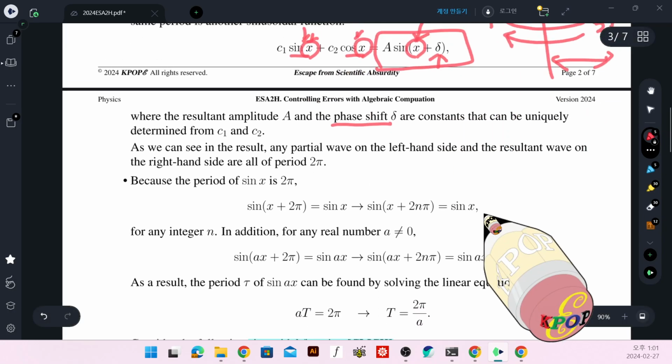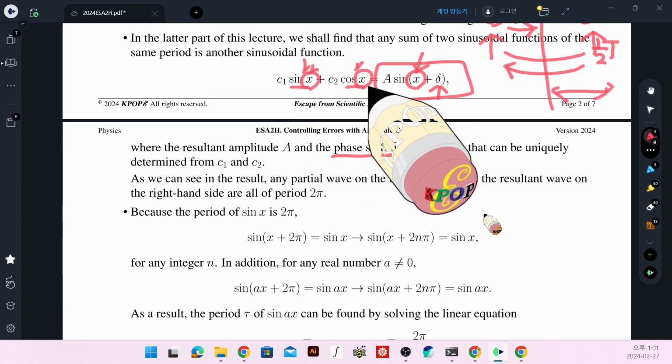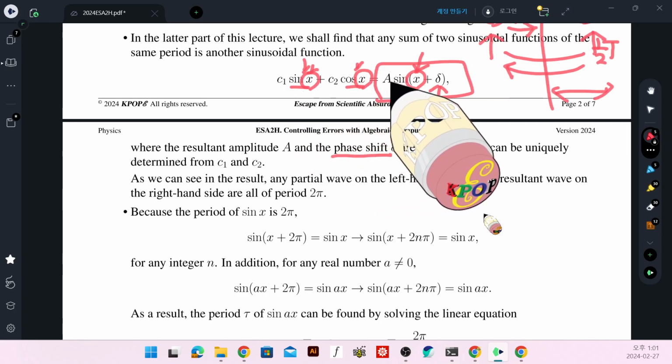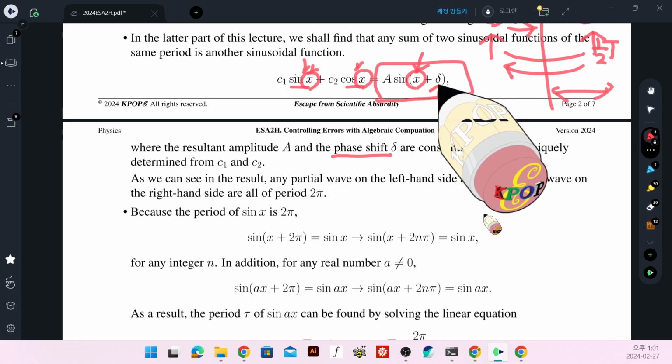All right, so we call it a linear combination of two sinusoidal functions with the same period is another sinusoidal function, a single sinusoidal function with the same period.